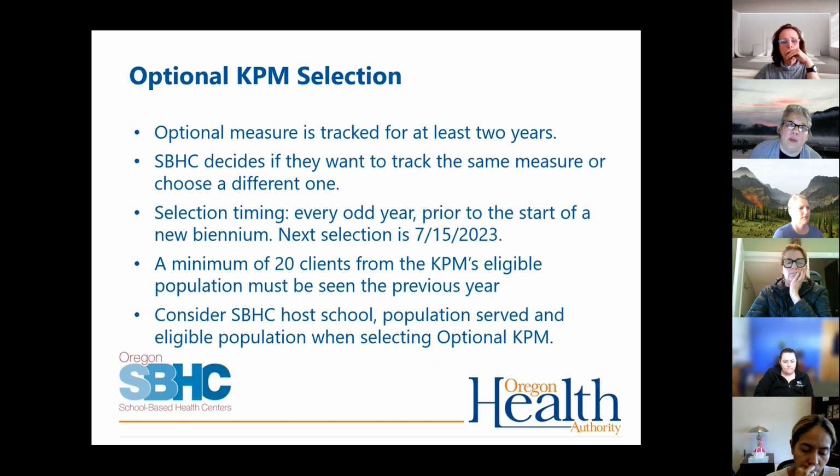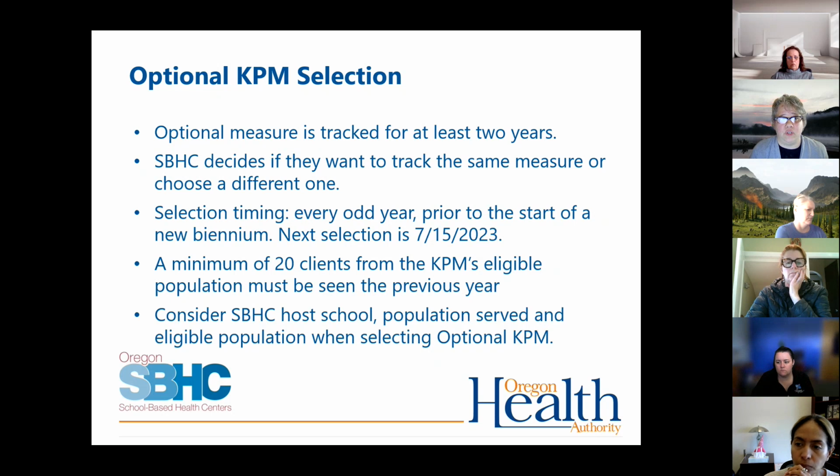When you're selecting an optional measure, and this gets a tiny bit into the weeds, we want to make sure that people are selecting an optional measure where the target population are clients that you're seeing in your school-based health center. So let me give you an example.